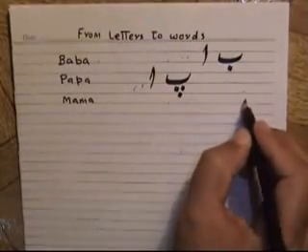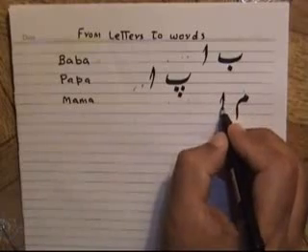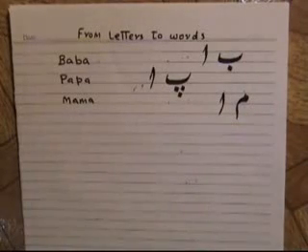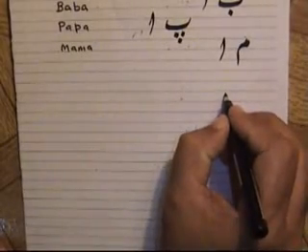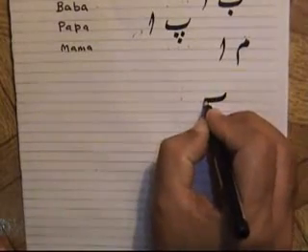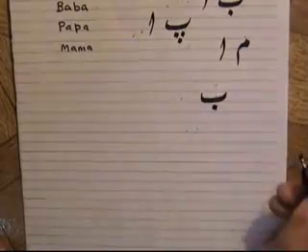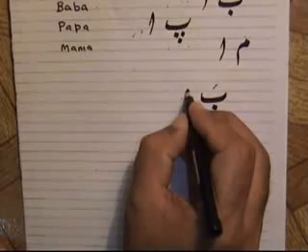And for Mama, we need Mim and Alif. Now Baba, we have Ba, like Be, Zabar Ba, and then we have Alif.